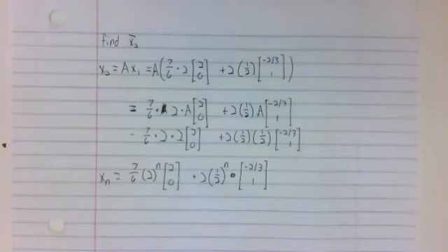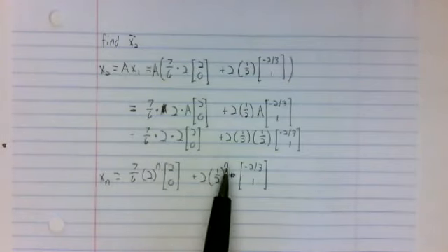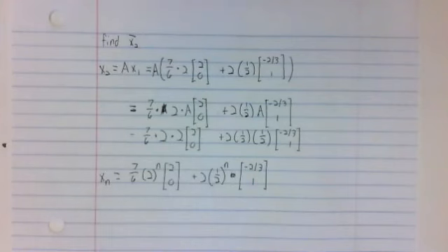So if we want, say, x sub 20, we don't need to calculate x sub 1 up to x sub 19. We just take 20 and plug it in to those powers.